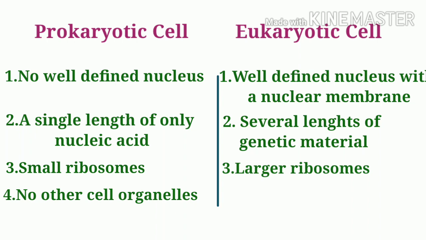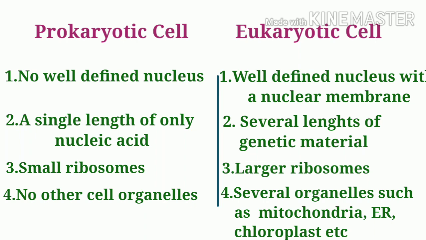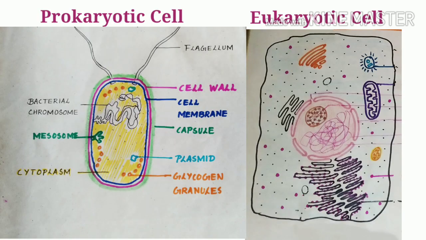Prokaryotic cells, being primitive cells, do not contain other cell organelles, whereas eukaryotic cells, which are well developed, contain several organelles such as mitochondria, endoplasmic reticulum, chloroplast, etc. Now let's revise the differences between prokaryotic cell and eukaryotic cell.